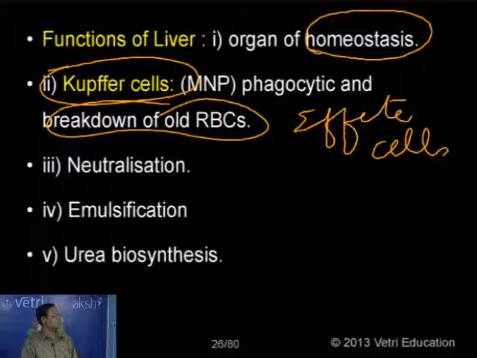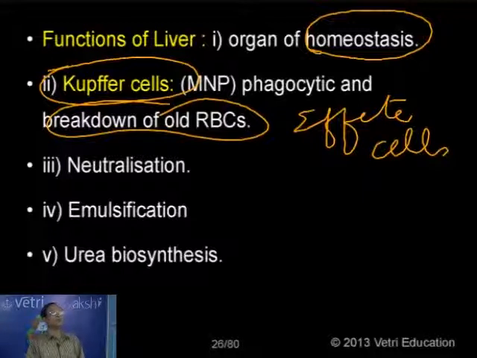Then, the second one, neutralization. See, the stomach food is acidic in nature. When it enters the duodenum, it is acidic because of the hydrochloric acid secreted by the stomach. It is thoroughly mixed with the food. When the food reaches the intestine, it is acidic in nature.